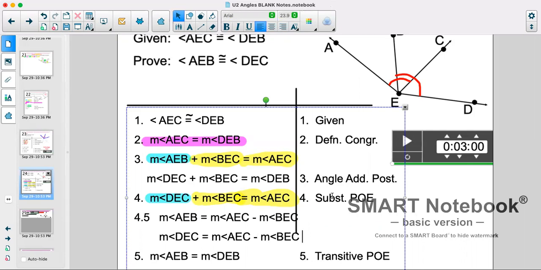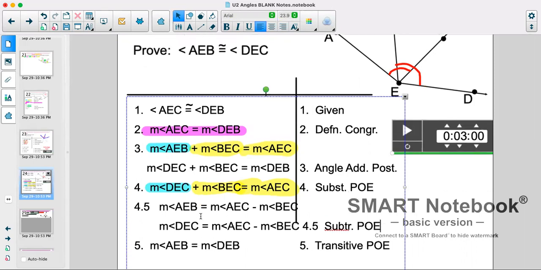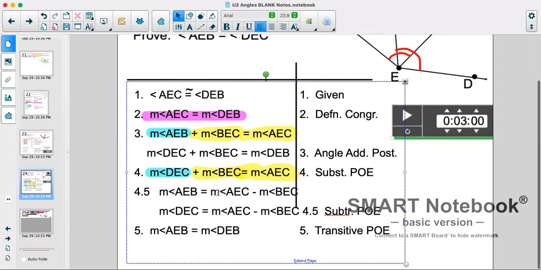And I'm able to do those things because of the subtraction property of equality. And so once you have that step, then you could say, okay, now I've got one side of both equations completely equal. Now I can say that AEB and DEC are equal by the transitive property or by substitution.